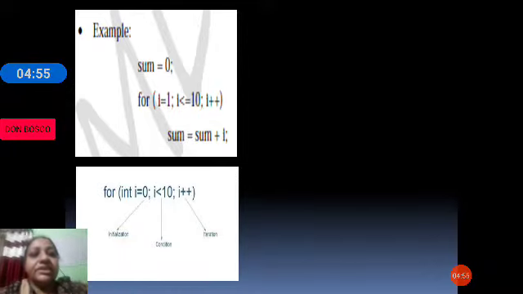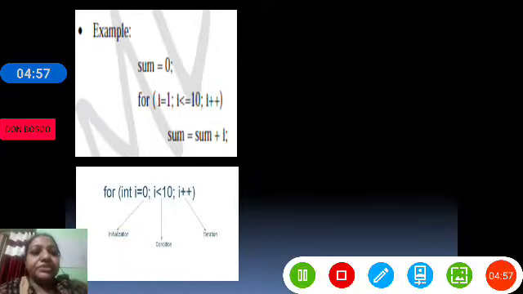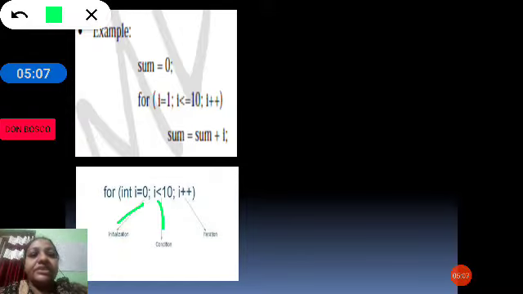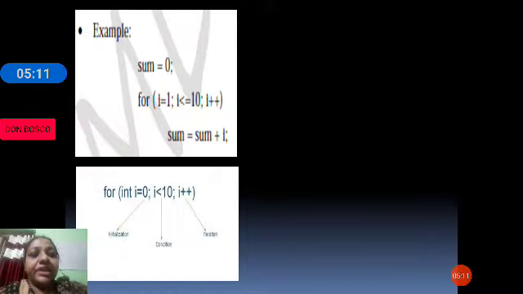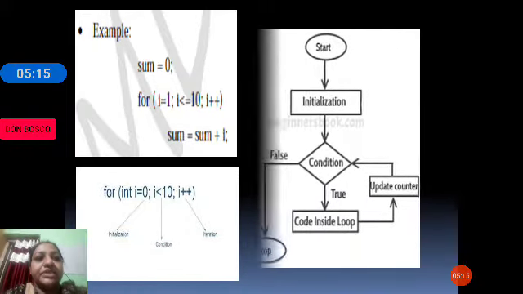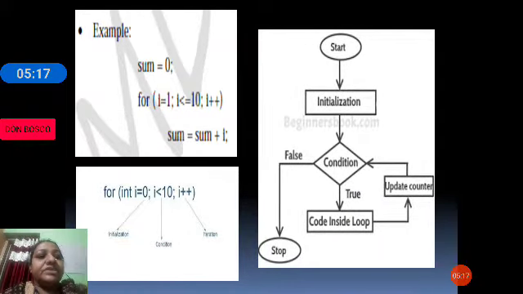As you can see here, there are three types of statements used in the for statement. One is the first statement, I is equal to 0, or I is equal to 1, whatever it may be. The second one is the condition, and third is the incrementing or decrementing expression. Let's see how the execution takes place. First, a condition is tested.